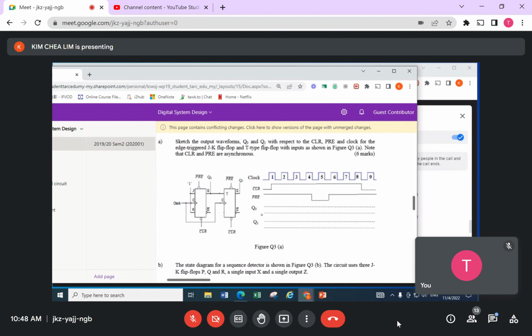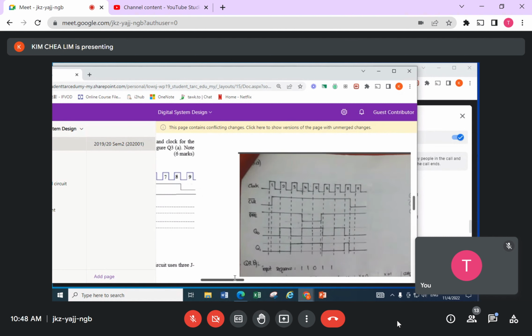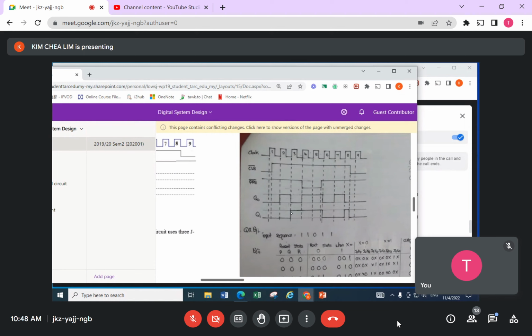I want the Q0 and Q1 output from these 2 circuits. Let's check whether there is any answer here. I base it on this. And the clock here is a rising edge, so we draw the projection line on the rising edge.